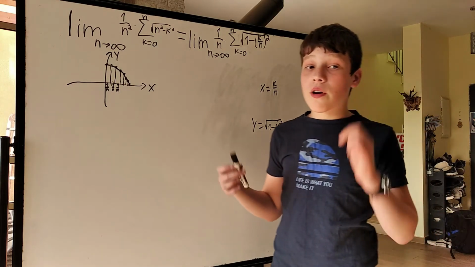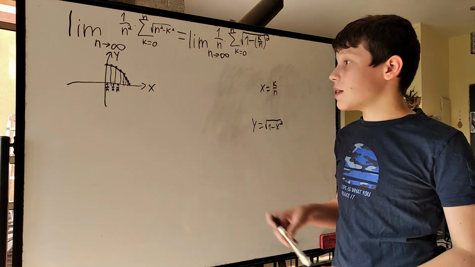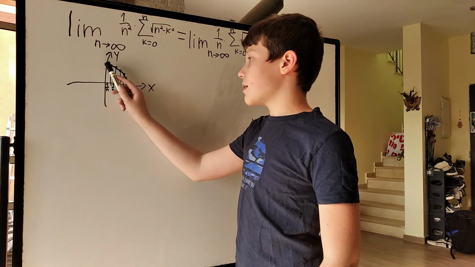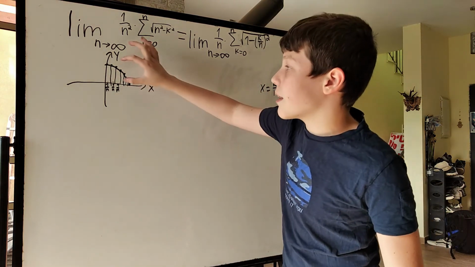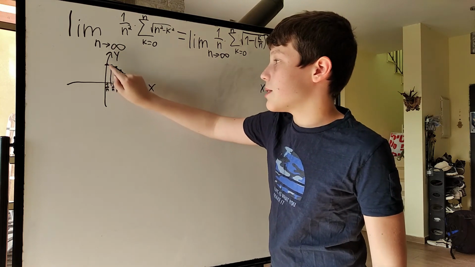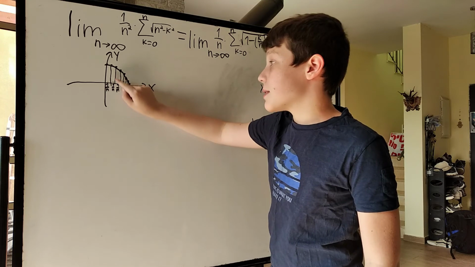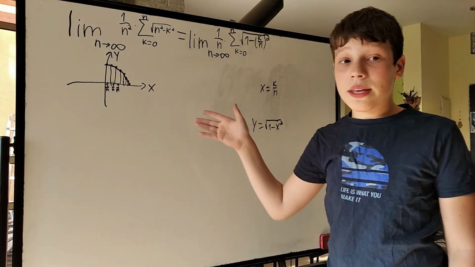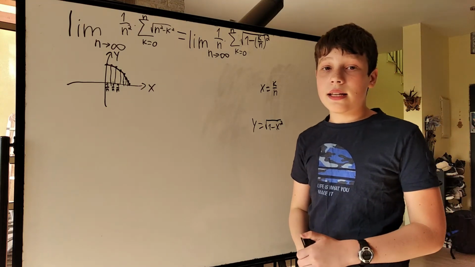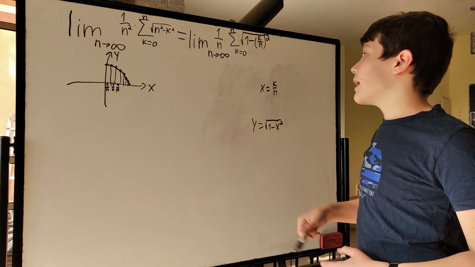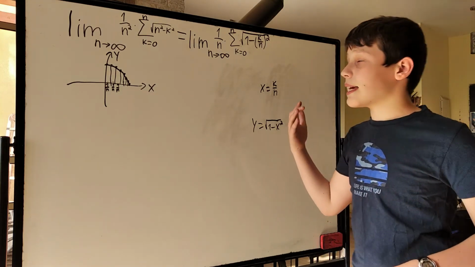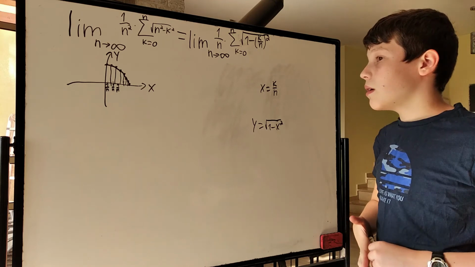And the area of a rectangle is base times height. So the area of each of those rectangles is the length of the line times this bit next to it. So this times this plus this times this plus this times this and so on will give you the area as n approaches infinity, which is the exact value we calculated for this limit. We know that is the exact value of this limit too.